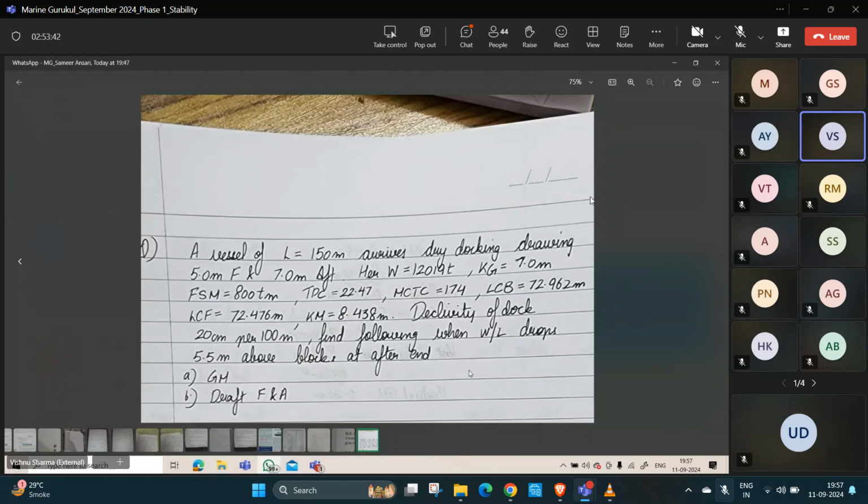If she is sitting completely on the blocks, outside the critical period, then aft draft will be 5.2 and forward draft will be, because of declivity, 30 centimeters less, forward draft will become 5.2 then, correct, beta? Am I right? Correct, sir. And then you will have to use basically mean rise of the draft to find the P. Yes, sir. Okay, clear? Yes, sir.